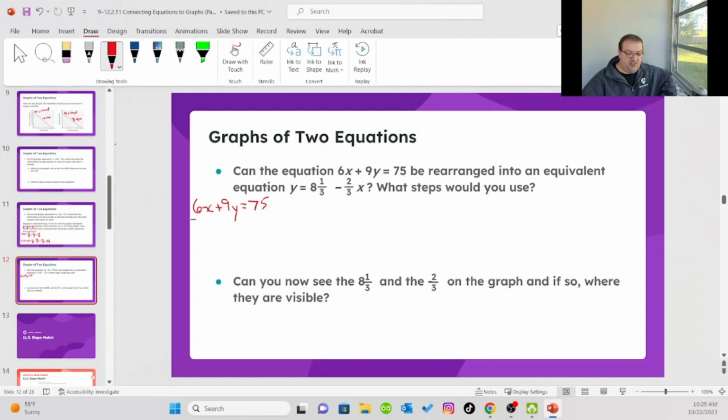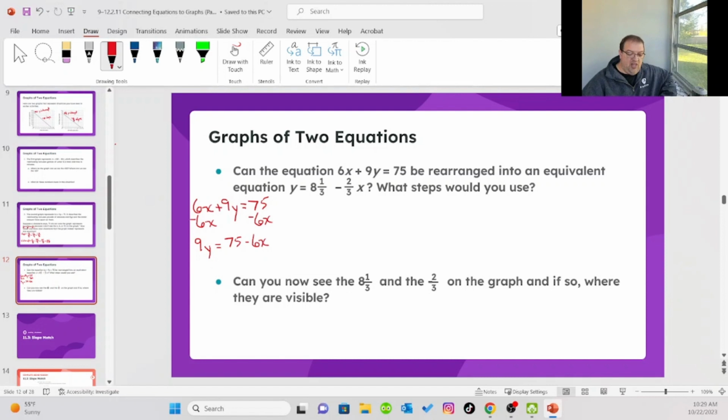I have positive 6x, so I'm going to subtract 6x. And if I subtract 6x from the left, I must subtract 6x from the right to keep it equal. Now I have 9y equals 75 minus 6x.